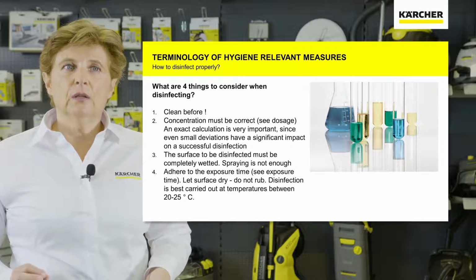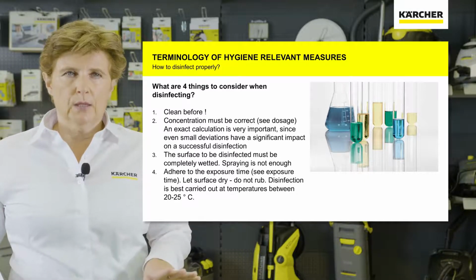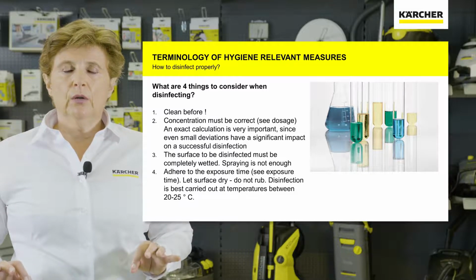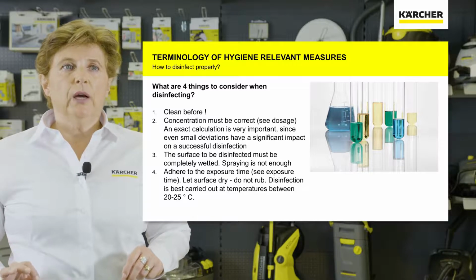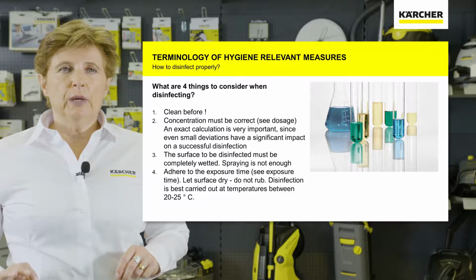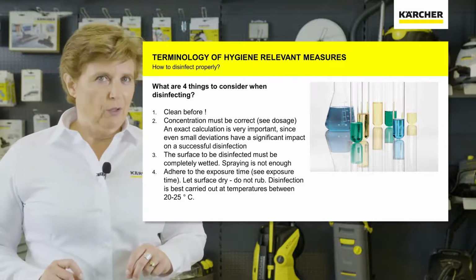The surface to be disinfected must be completely wetted. Spraying is not enough. Adhere to the exposure time. Let your surface dry, don't rub, and the disinfection is best carried out at temperatures between 20 and 25 degrees.